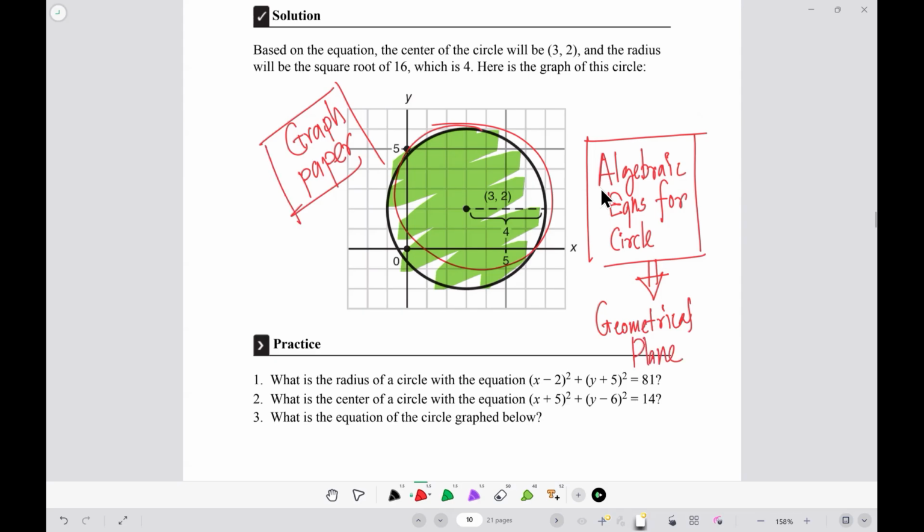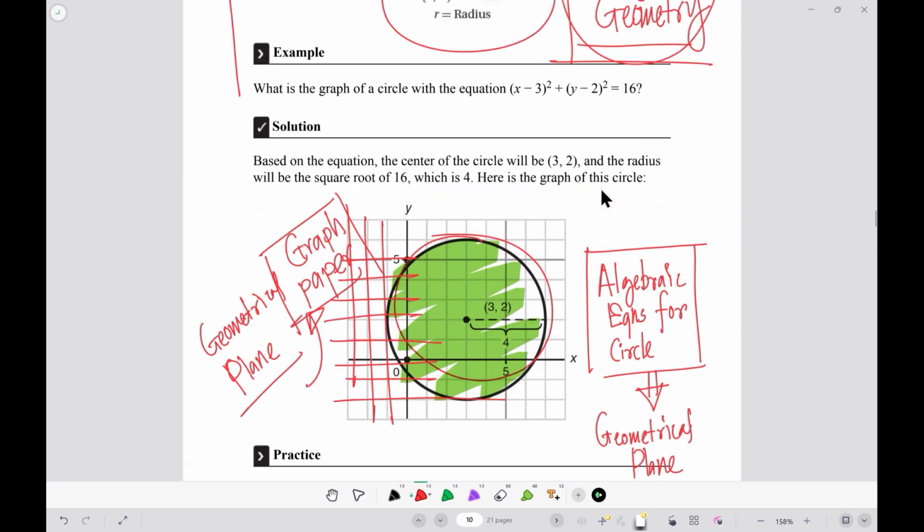So this graph paper is our geometrical plane. Do you understand what I'm talking about? Yeah, this is our geometrical plane. This graph paper, these vertical lines, this horizontal line, all of this is our graph paper.